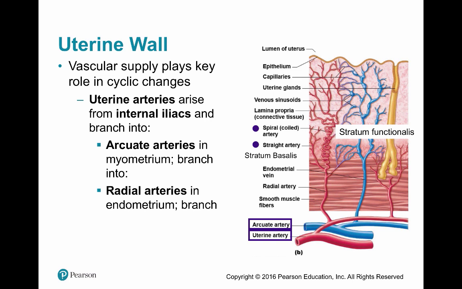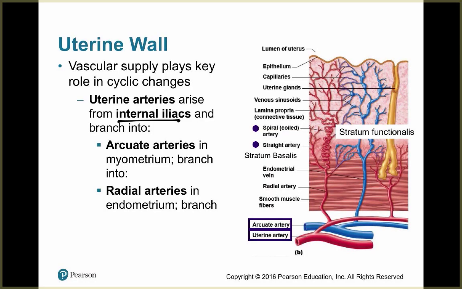So the uterine wall has vascular supply. The way that the vessels are put together plays a key role in the cyclic changes. So just to let you know, the uterine arteries that help supply the blood and the nutrients for the uterine wall arise from the internal iliac, right?